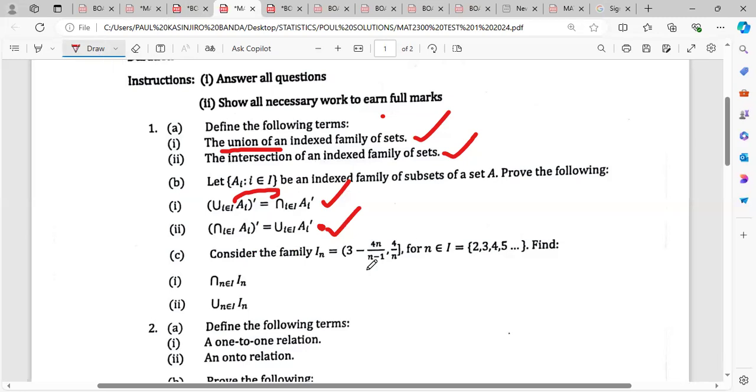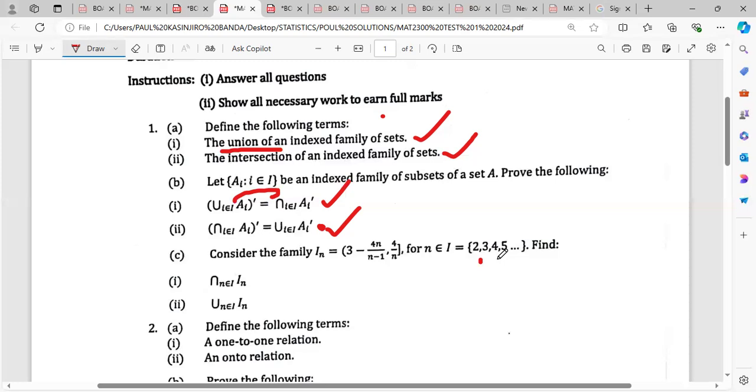Here we've been given a set which is the interval from 3 minus 4n over n minus 1, to 4 over n. And they're saying this n is a member of the indexing set I, and that indexing set I has members starting from 2 all the way to infinity. They're saying find the intersection of all these subsets of this set, and then again find the union.